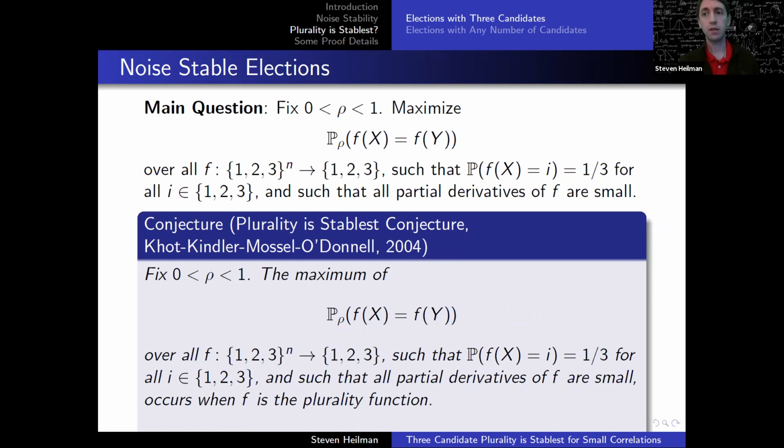We don't know that it's true, but this is the conjecture. And just to be clear, by plurality function I mean f(x) is the candidate with the most votes when the votes are x.